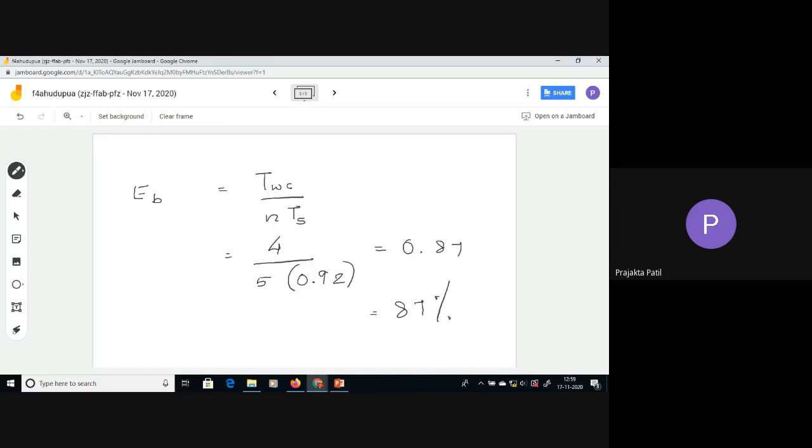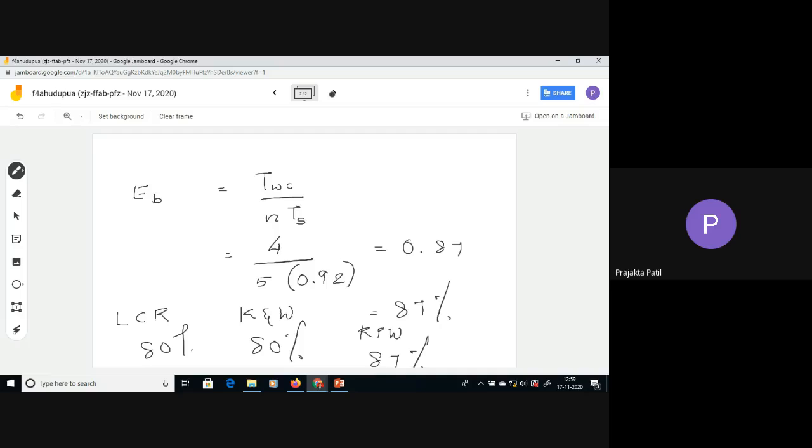The same thing if you consider for the largest candidate rule or the Kilbridge and Wester method, you have the line balance efficiency as 80% for both. And for this particular ranked position weight method, the line balance efficiency is 87%.